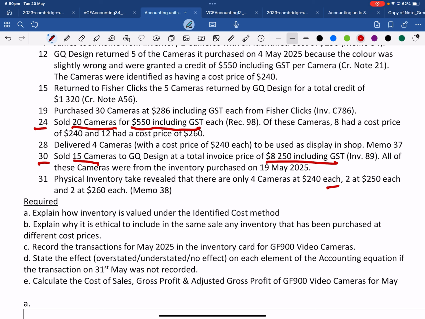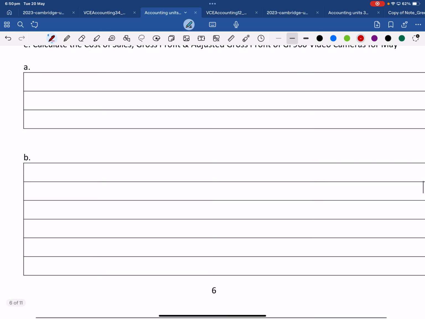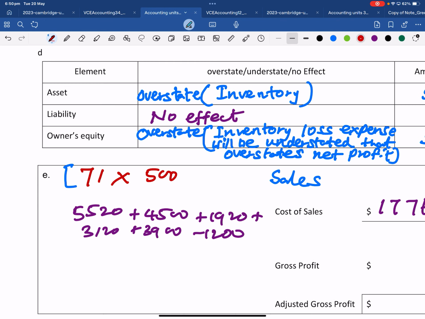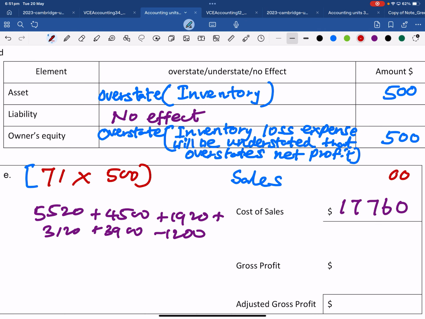Without GST how much? 7,500. So 7,500 divided by 15 is 500. So our selling price has been consistently 500 throughout the period. So we sold 71 times 500. It will give us how much? 35,500. Is it correct?